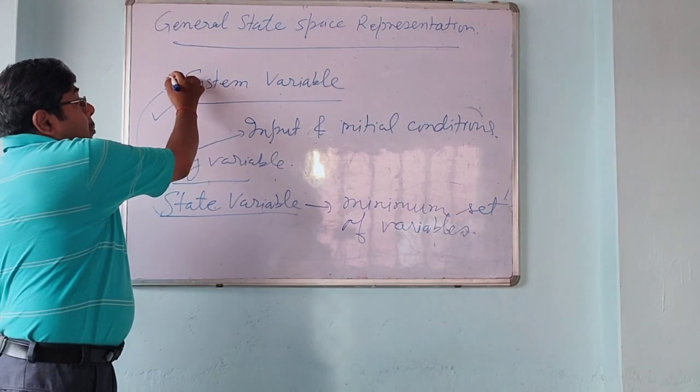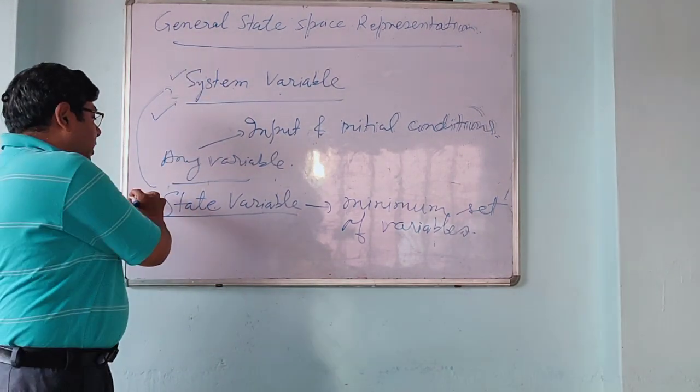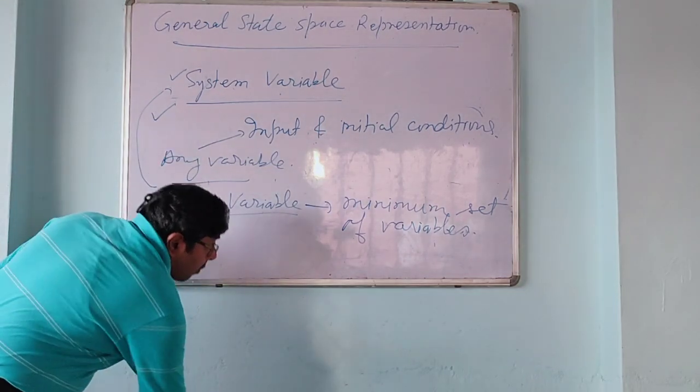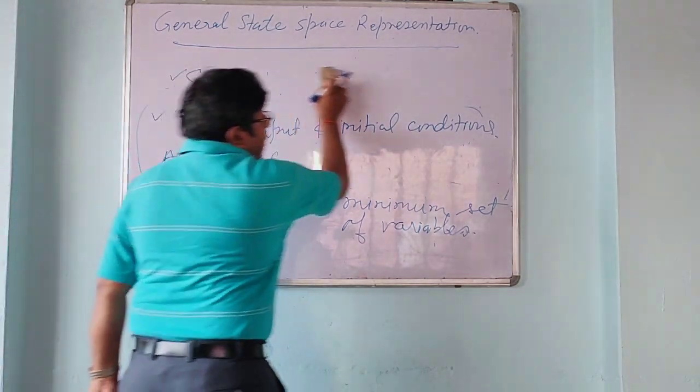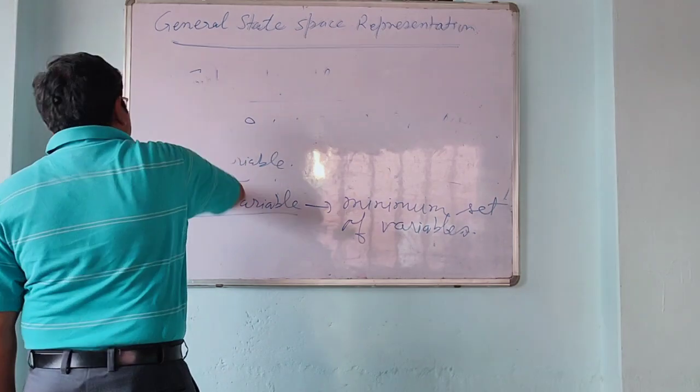So these are two important definitions, system variable and state variable. So now we are going to next definition.